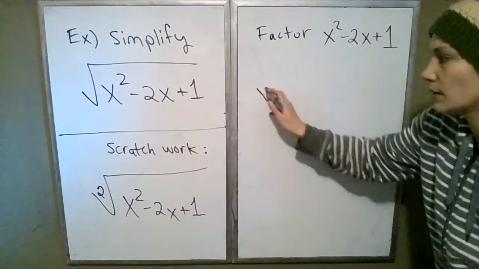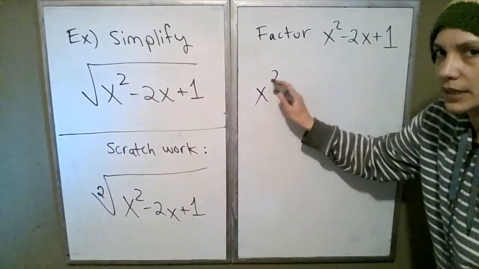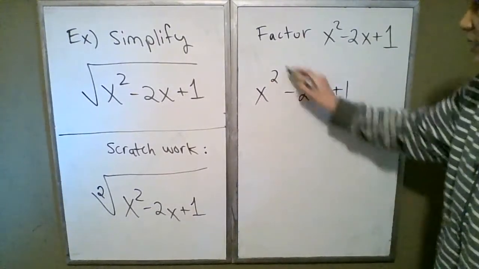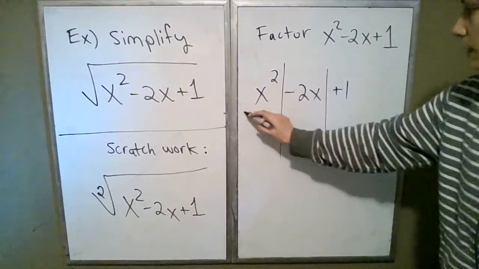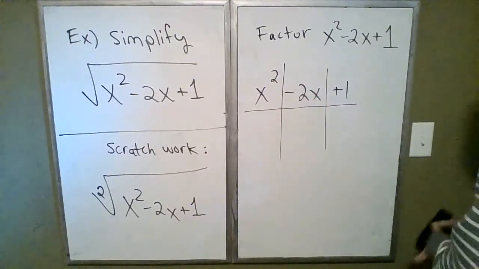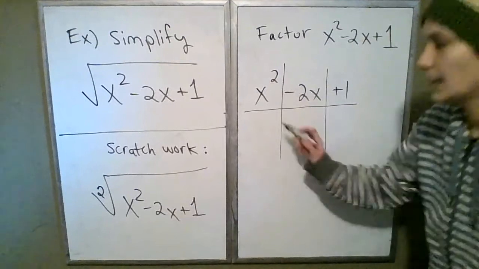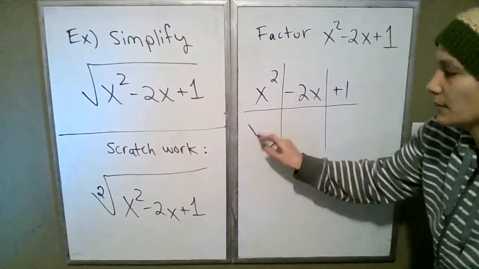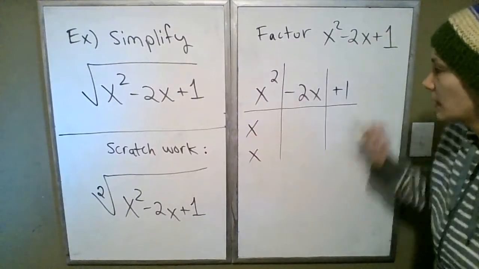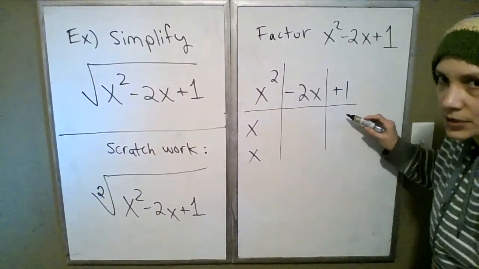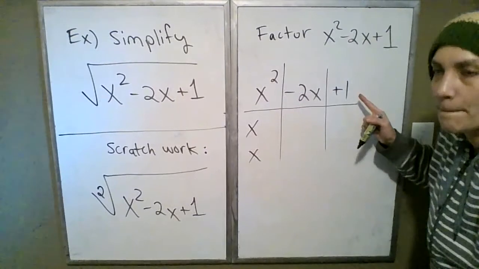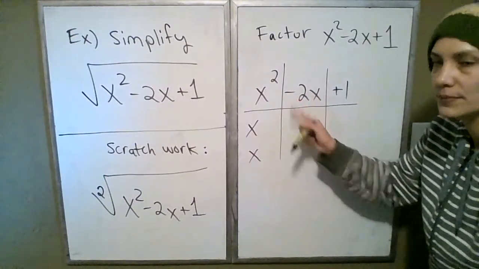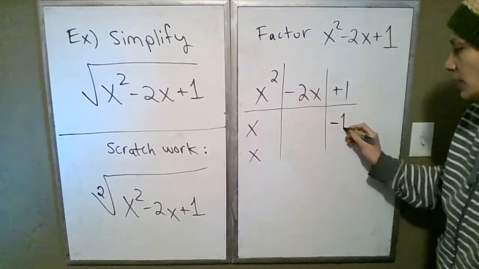If you have a style of factoring that you like, go ahead and use that, but I like to use this grid. We take the x squared, the 2x, and split it up. On this side, I have two numbers that multiply to x squared, which would be x times x. This side needs to have two numbers that multiply to 1, and after we cross multiply, it adds to -2. So we're going to use -1 and -1.